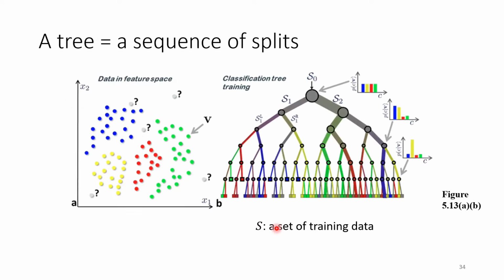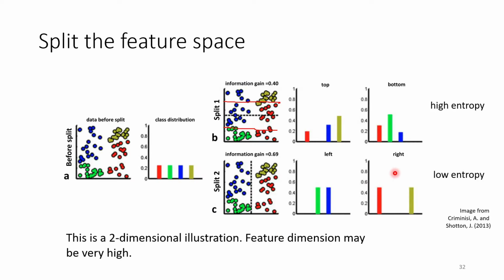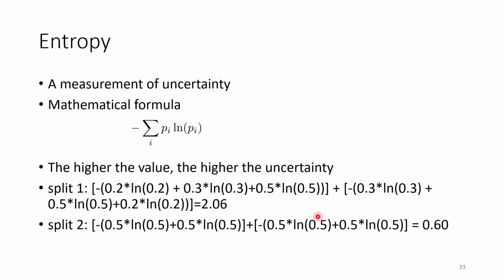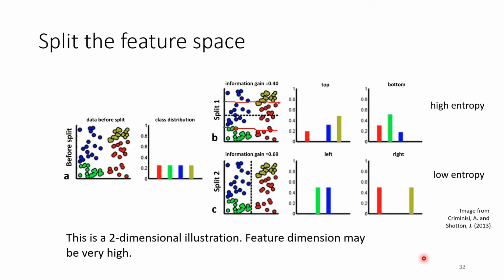For the right part, there are also only 2 classes, so the entropy is expressed here, and the overall entropy is 0.6. It is smaller than the first one, so there is less uncertainty. It means it's more certain.